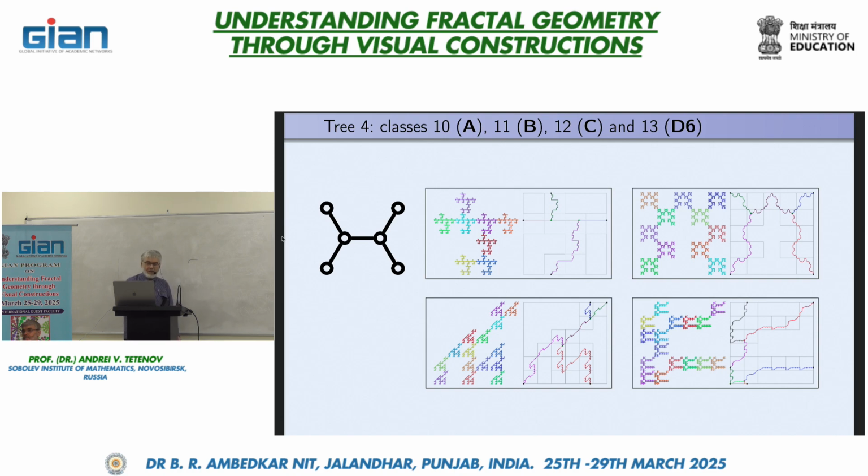And the main tree can be of this type. It can have 4 vertices, and 2 vertices are of order 3. So these are examples of such main trees.